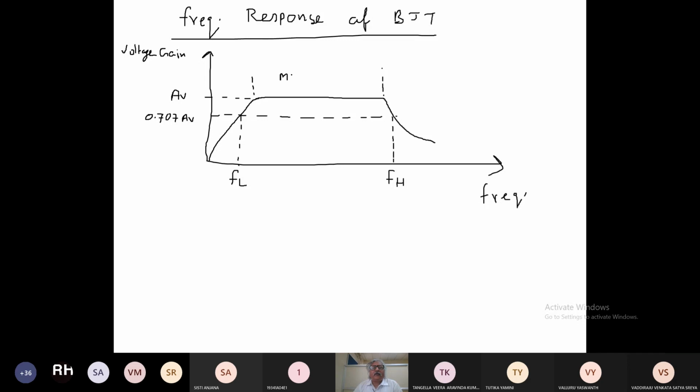So this is the mid frequency region. And from here, this side, is the high frequency region. And here, this is the low frequency region.